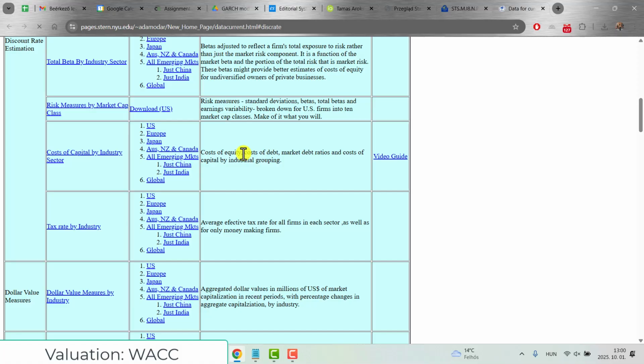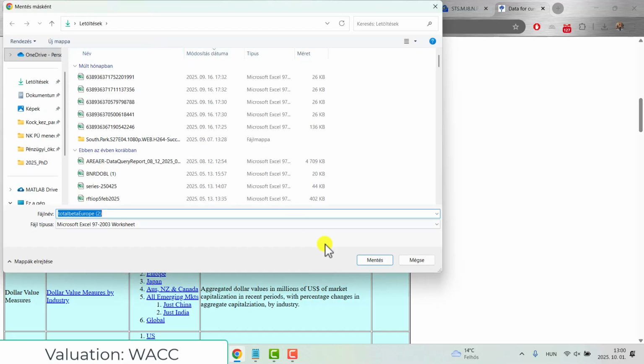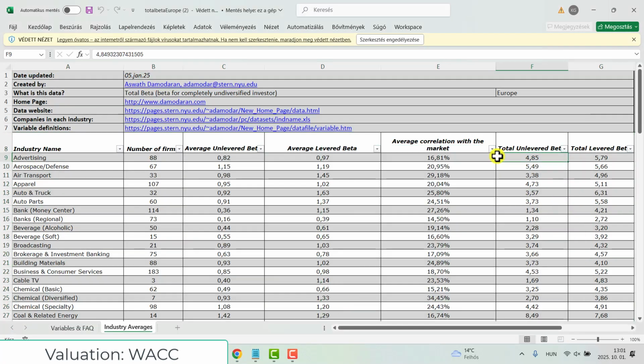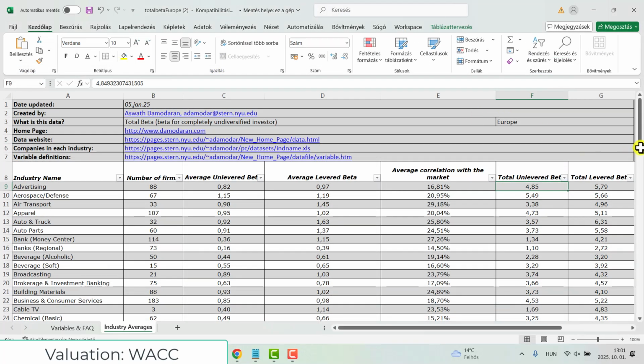this. So the Damodaran database has total beta by industries in front of my eyes. Total beta Europe. This is the most recent data from January of 2025.